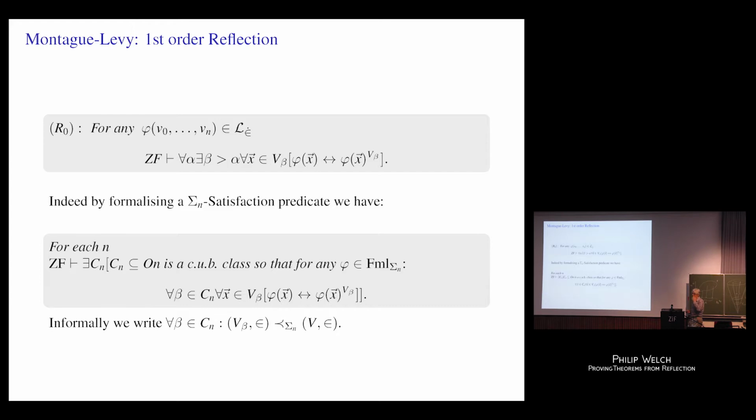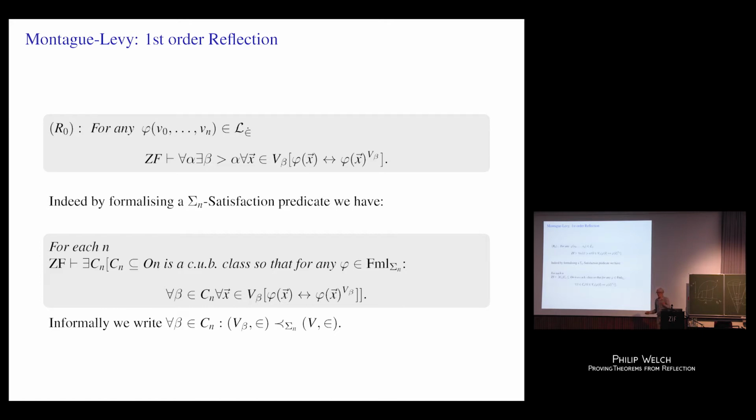If you want to talk about formalizing the satisfaction predicate, you can do that. And you could replace this phi here with all sigma n formulae at once, and you get something like this. A standard exercise I give my students is to show that you can't do this for all n at once.